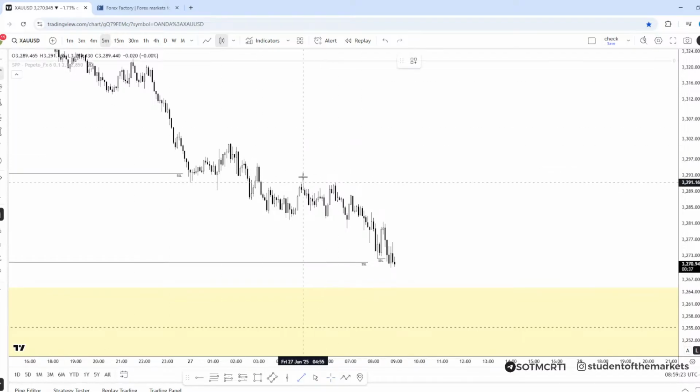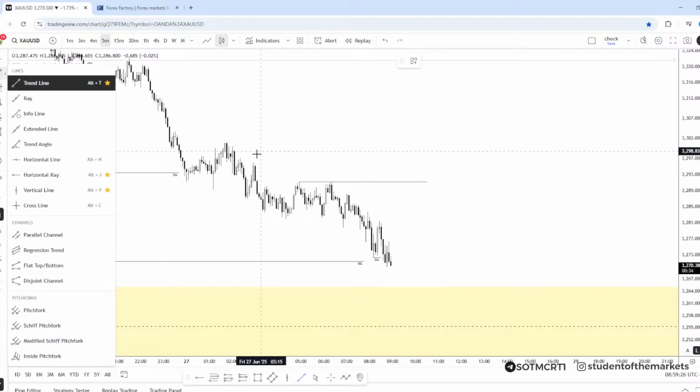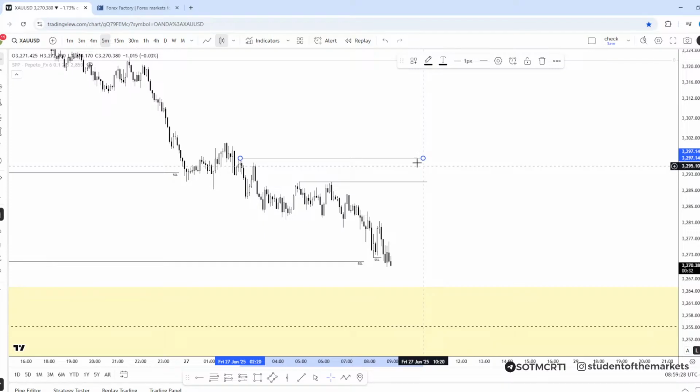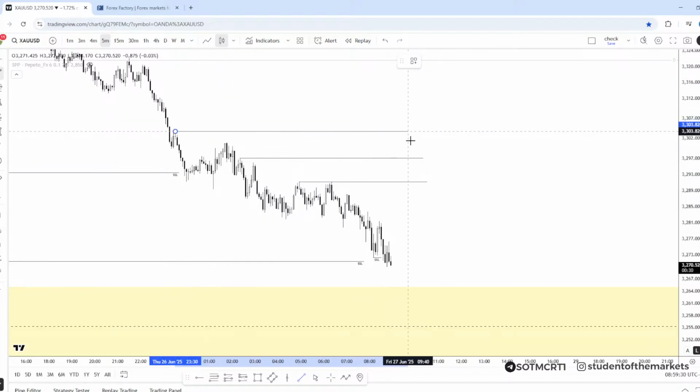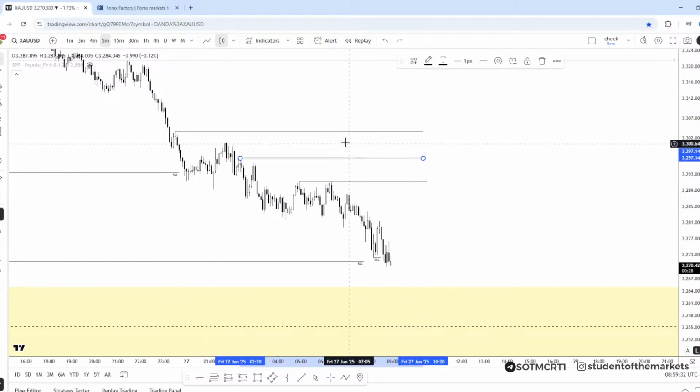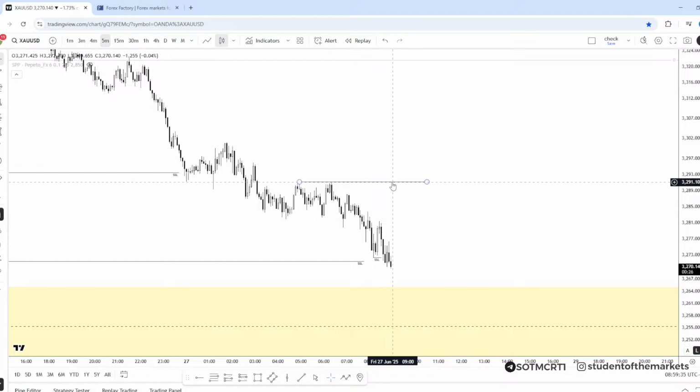We have the buy side liquidity, a buy side liquidity, a buy side liquidity. So let's see if we can get something today.